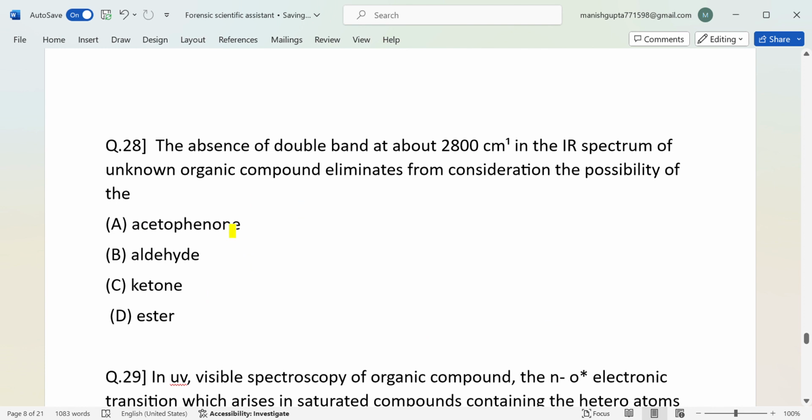Option A, acetophenone, option B, aldehyde, option C, ketone, option D, ester. So option B is the correct answer. Aldehyde is the correct answer.